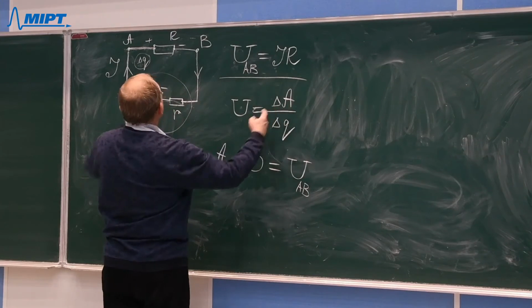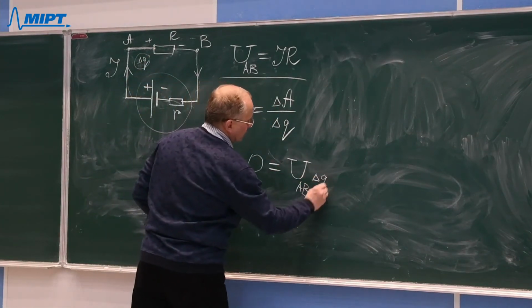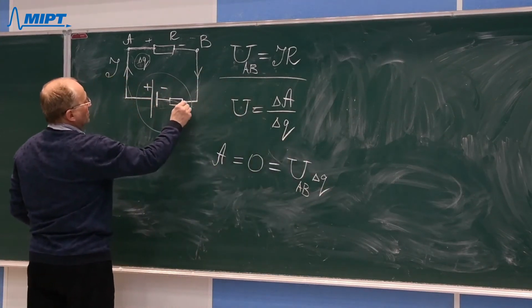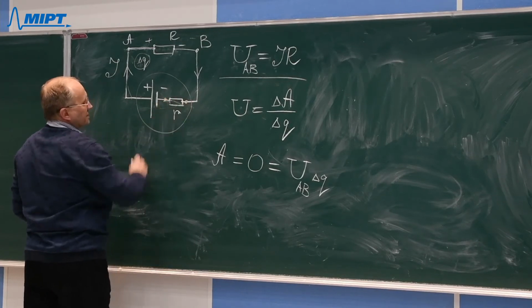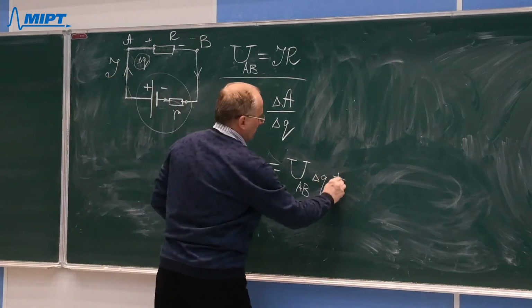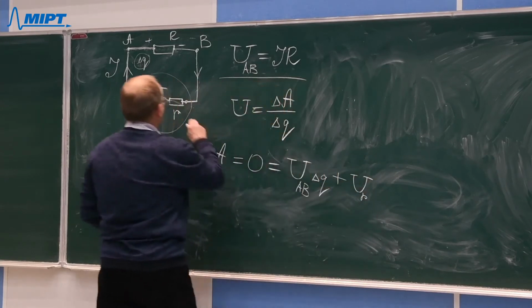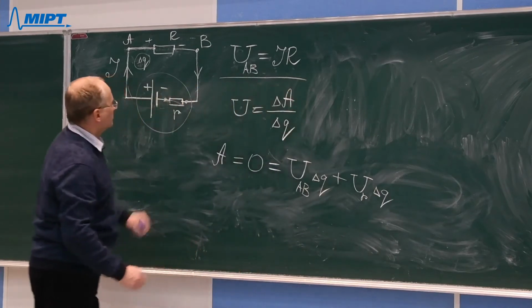The work produced on this element will be the potential difference times the charge which moves here. And then the work produced on this small resistor will also be the potential difference on the small resistor R times the small charge which moves through the small resistor.